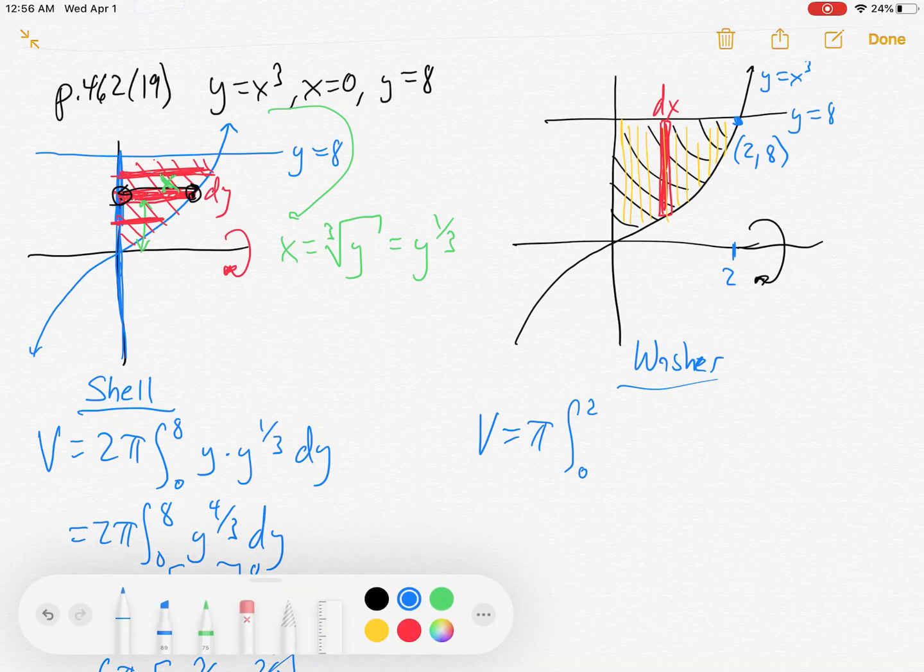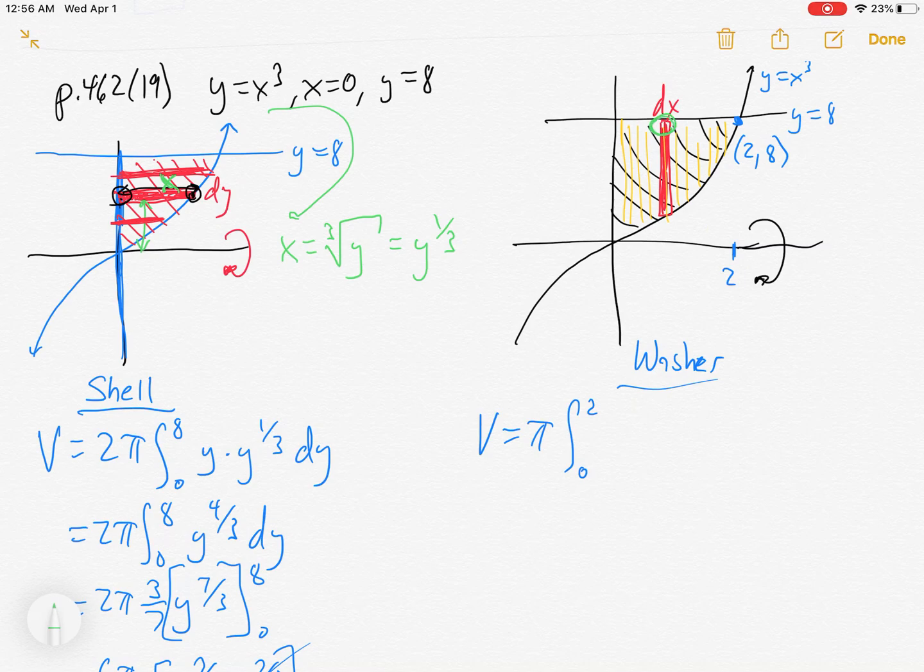So now we have to do inner and outer radius. The outer radius is the edge of the rectangle that is farthest from the axis of revolution. How far is that top of the rectangle from the x-axis? Imagine you were to fall off the top of the rectangle and landed on the x-axis. Maybe the x-axis has pillows, you're fine.